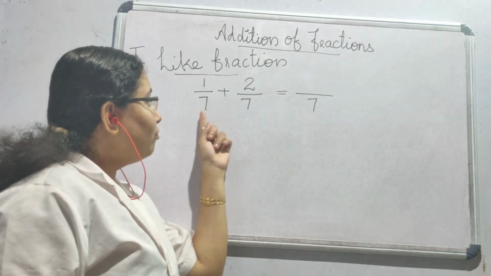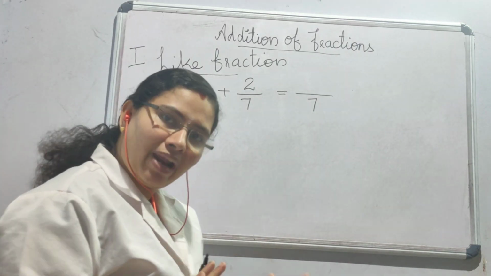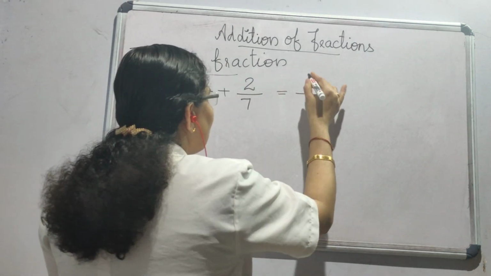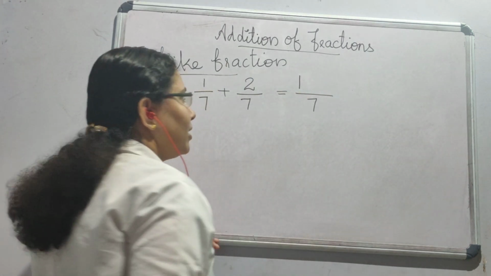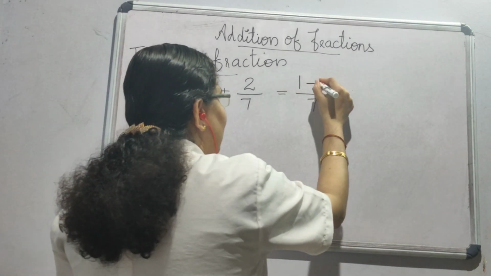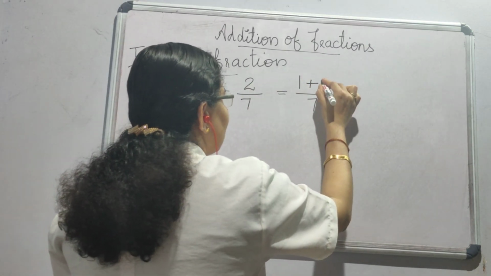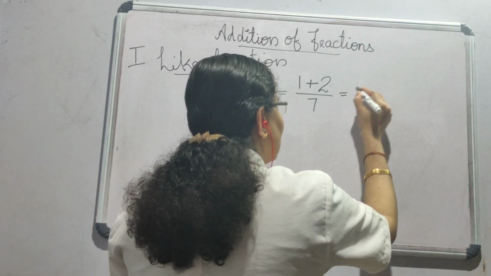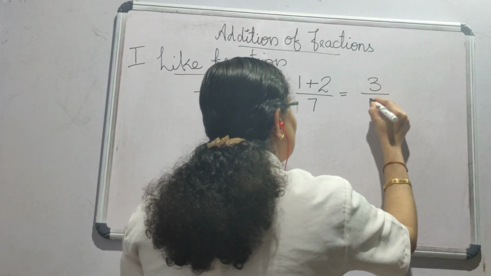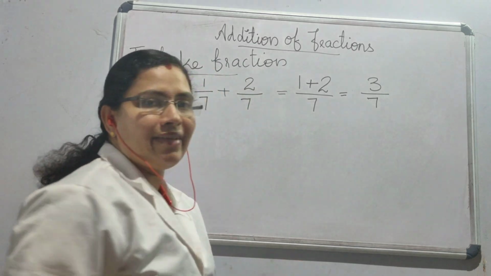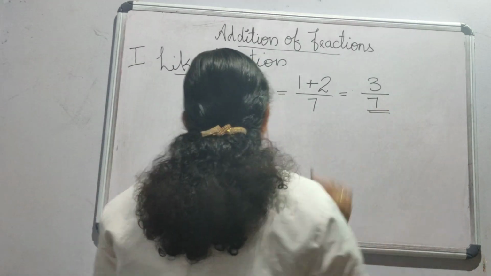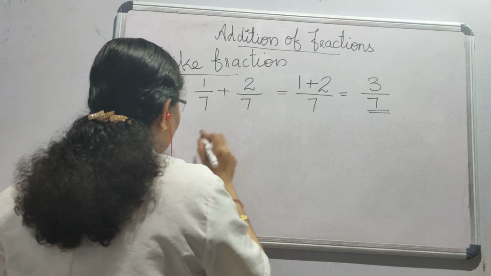Here the denominator of both fractions is 7, so I am writing this denominator as 7 itself. Now the numerator of the first one is 1 plus the numerator of the second fraction is 2. So the answer is very simple. 2 plus 1 is 3. 3 by 7 is the answer. Okay? Understood? I'll be taking one more question.